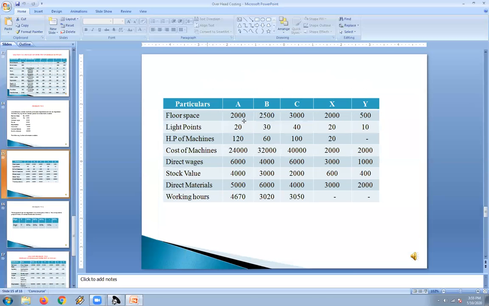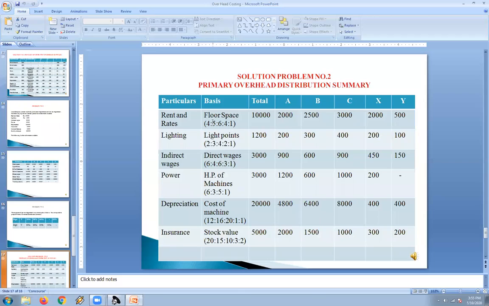The floor space here is 2,000, 2,500, 3,000, 2,500. So we can remove 2 zeros, then we can easily divide all the numbers by 5. 5 4s are 20, 5 5s are 25, 5 6s are 30, 5 4s are 20 and 5 1s are 5. This is the ratio we have written. On this basis, the total is 10,000. We are going to allocate to all the production and service departments.